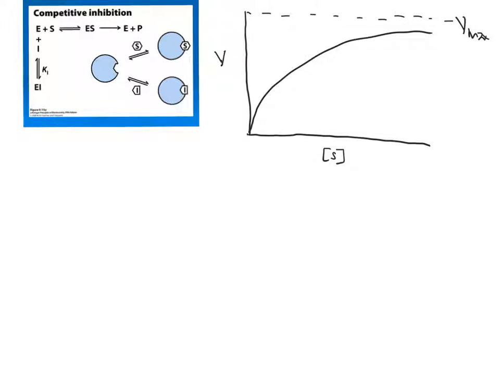But as long as it makes logical sense when you guys draw it, that's fine. So for us to do Km, you could go to about the 50% mark on the y-axis, you go over, and you go down. Because remember, Km is always a substrate concentration.